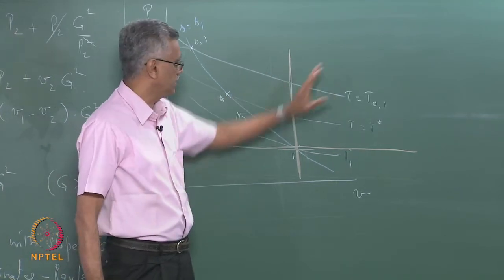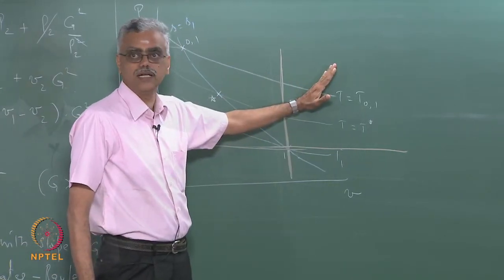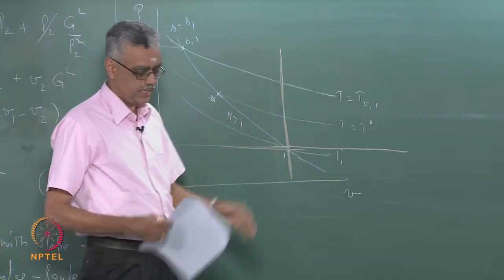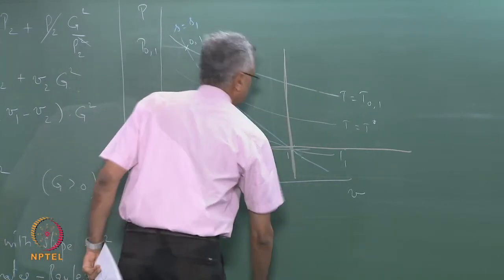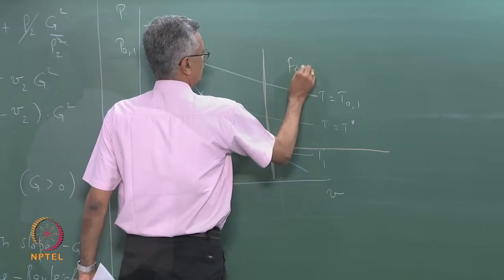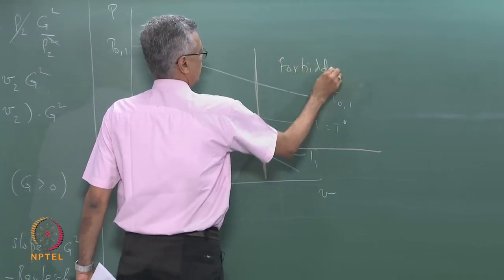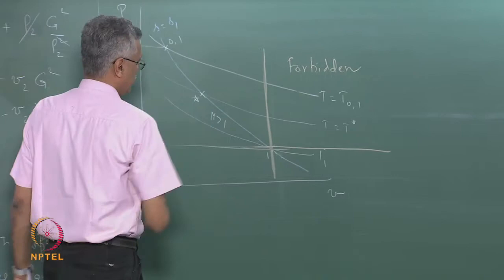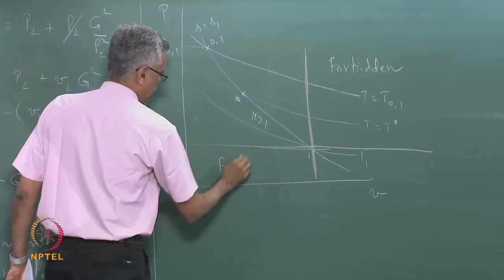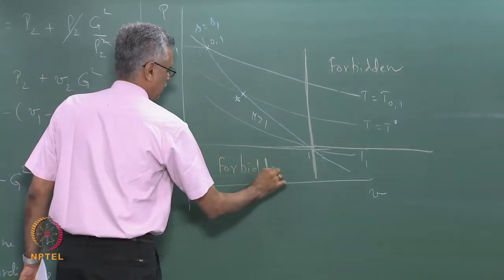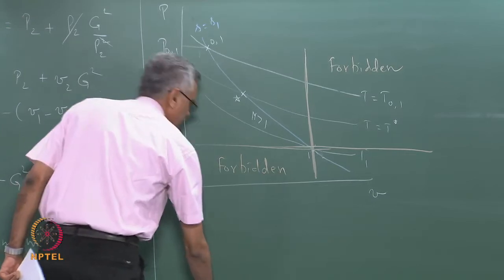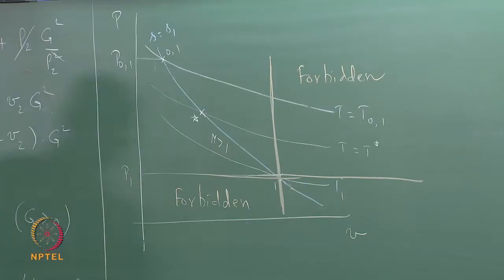If state 2 lies here, then the straight line would look like this, that has a positive slope. So state 2 is not allowed to be in this quadrant. So that is a forbidden quadrant, state 2 cannot lie there, and similarly state 2 cannot lie in this quadrant also. So these two quadrants are ruled out.